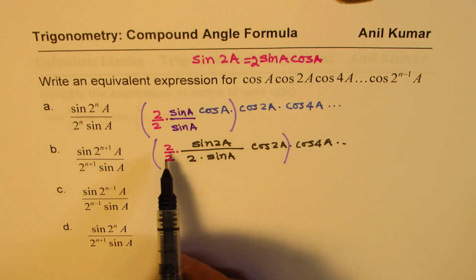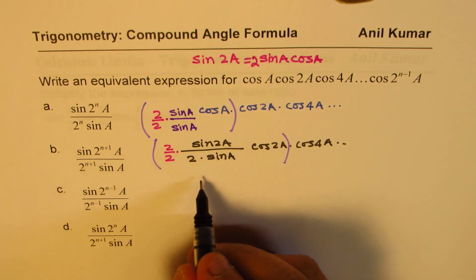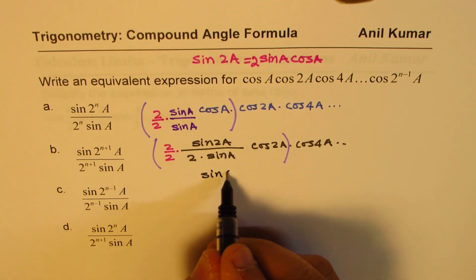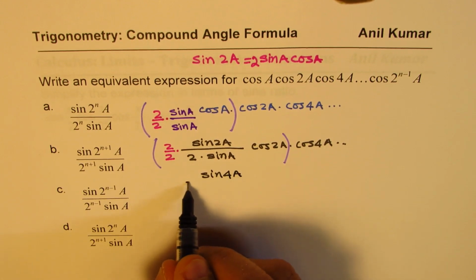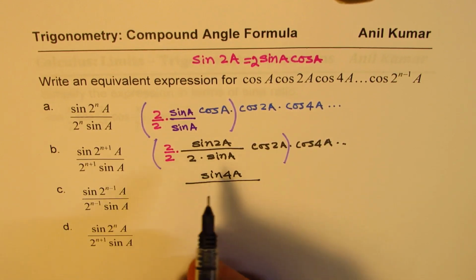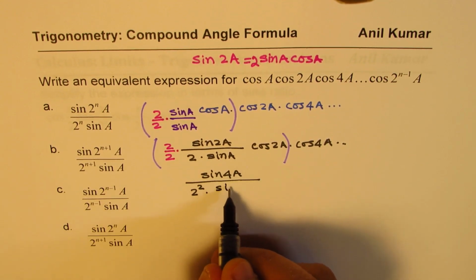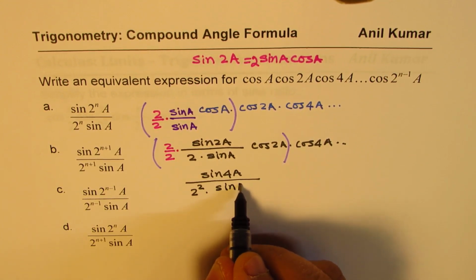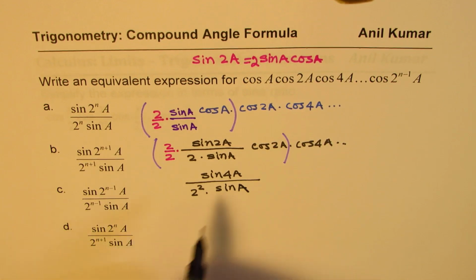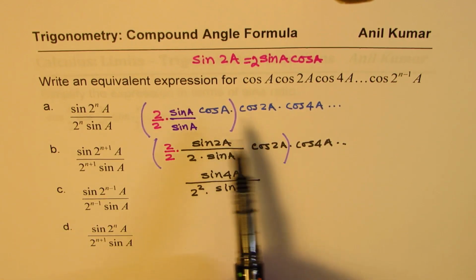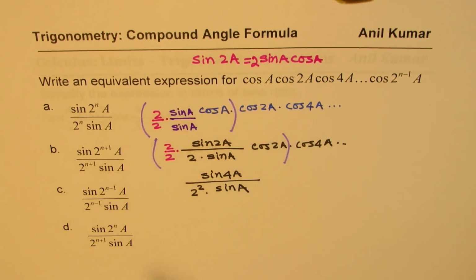And 2 times sin 2A cos 2A, well, this time gives you sin 4A. But in the denominator, we have 2 square and the term sin A. So the denominator sin A remains, and we have consumed up to cos 2A, right?